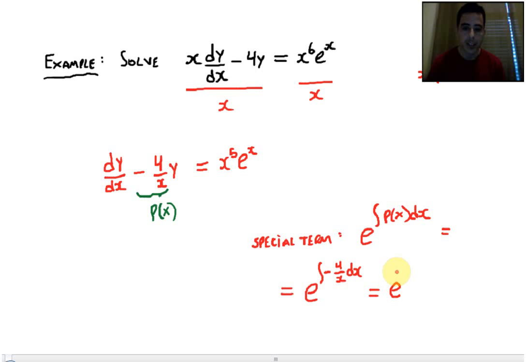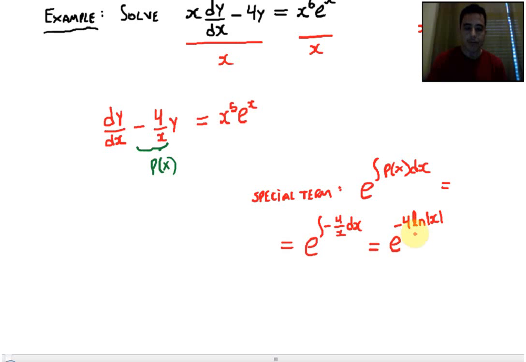Well, that's negative 4 ln absolute value of x, right? Because you can pull the negative 4 out, so the integral of 1 over x is the natural log of x. Now, notice that I can put this negative 4 back into the natural log, right?